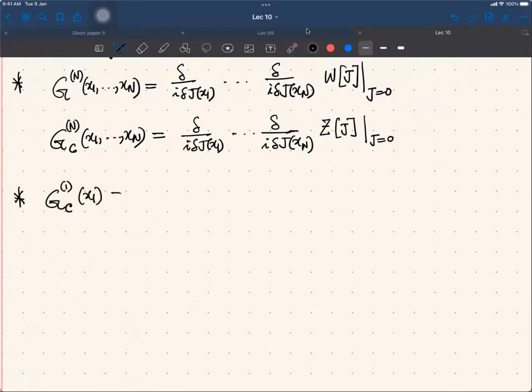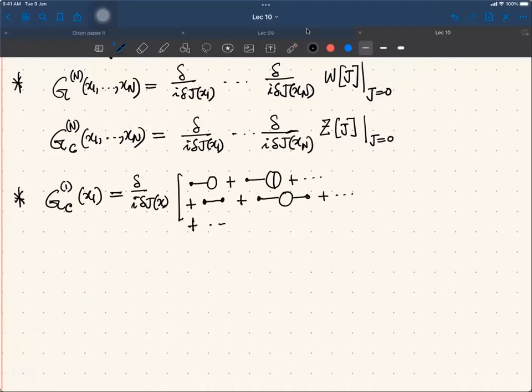So this is del by del j of x, according to this definition, applied on that entire sum that we have drawn on the previous page. This has j to the power 1 terms, then j to the power 2 terms, and so on, and of course j to the power 3 and all the other higher order terms.